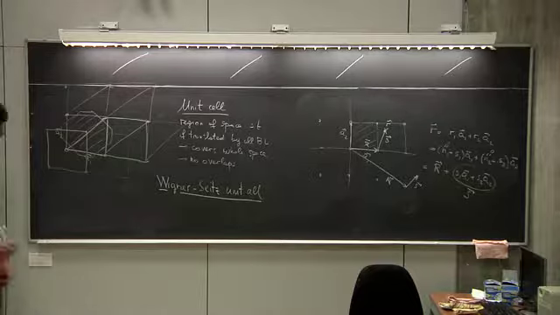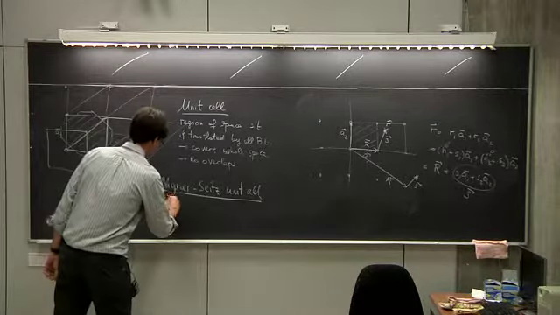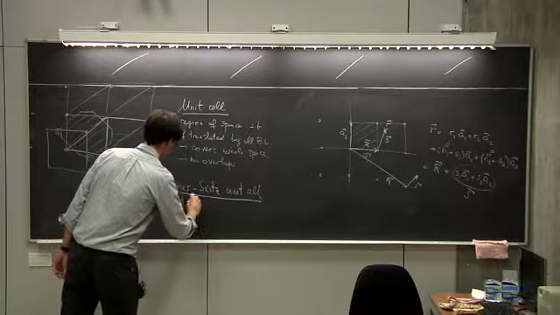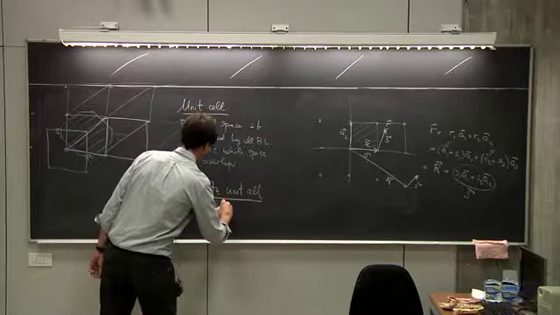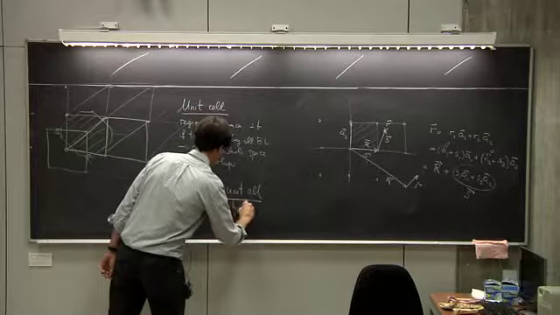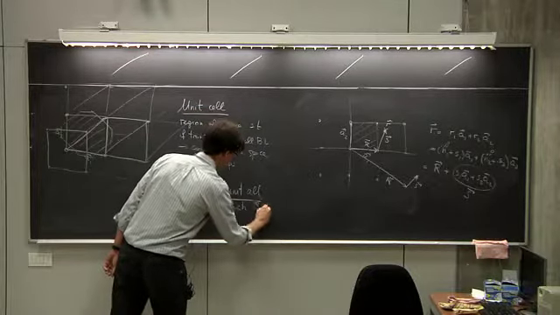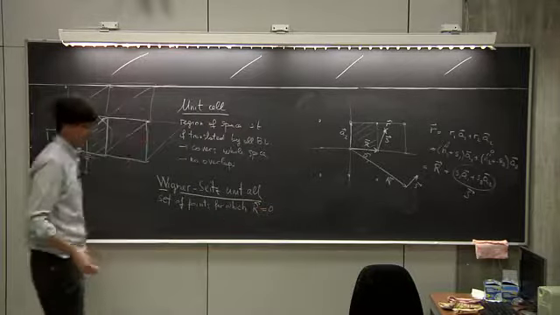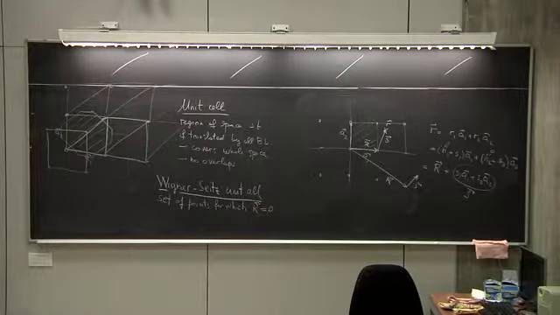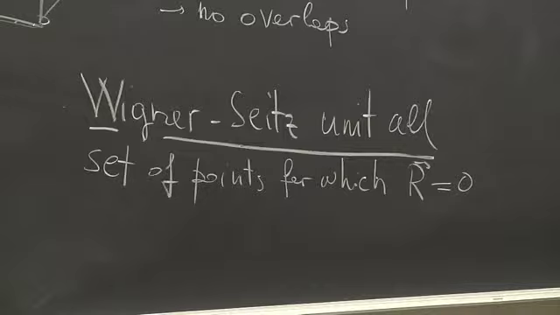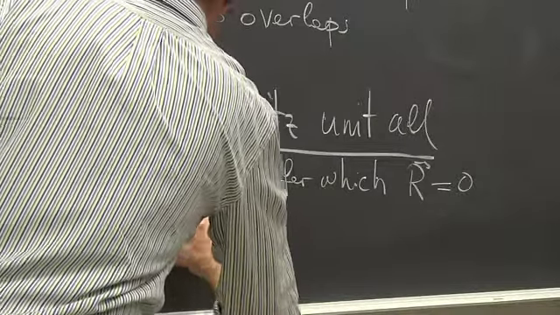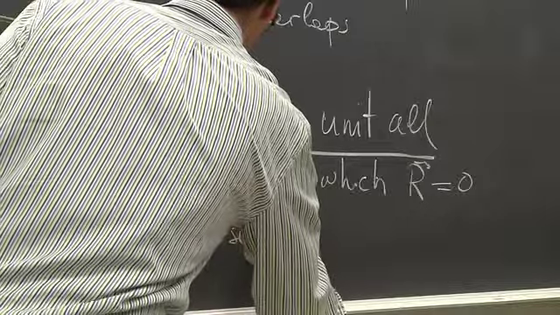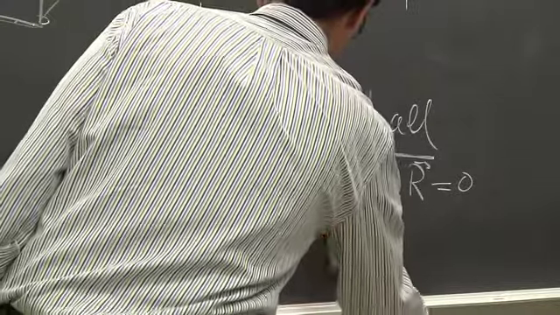So the set of points for which the origin, understood as the r equals 0 Bravais lattice point, n1, n2, n3 equal to 0, is the closest Bravais lattice point.